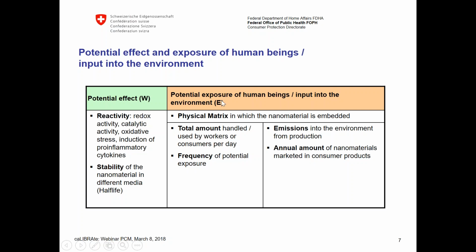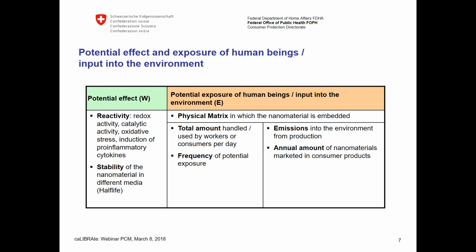Concerning the exposure, the most important parameter is the physical matrix in which the nanomaterial is embedded. If you have a polymer matrix, then the nanomaterials don't come out very easily from this matrix, and so the exposure is very low.